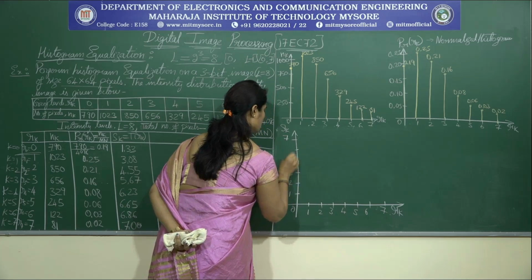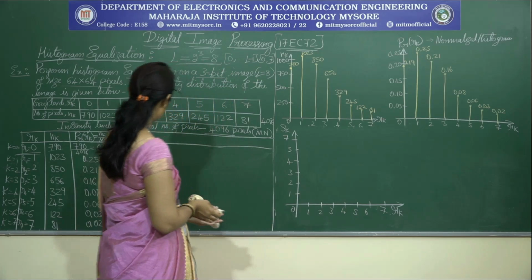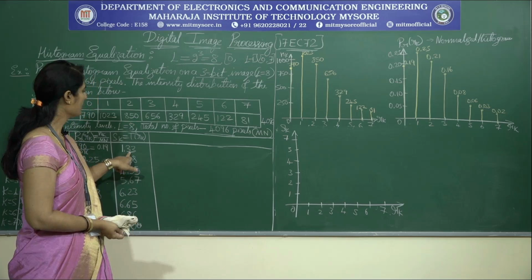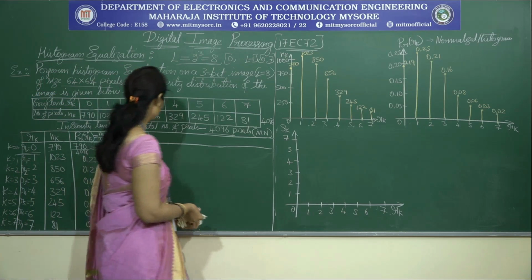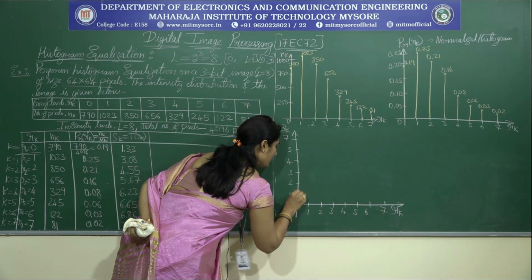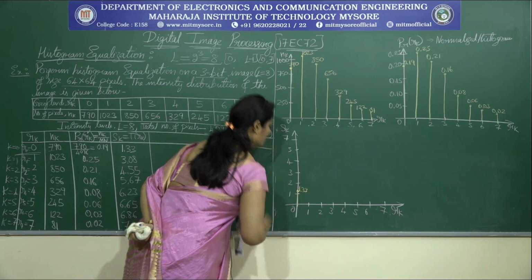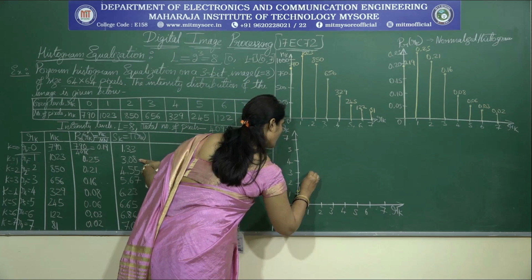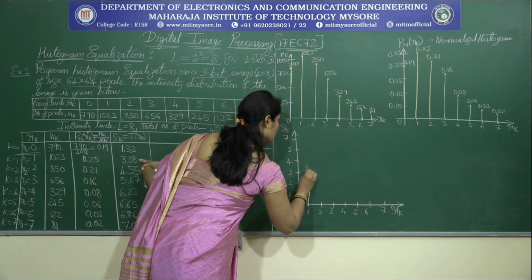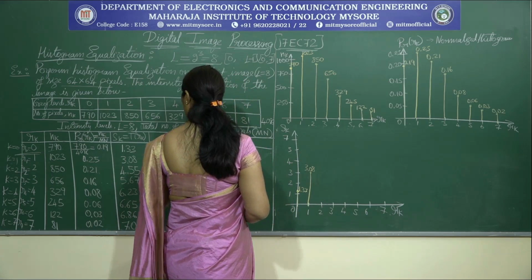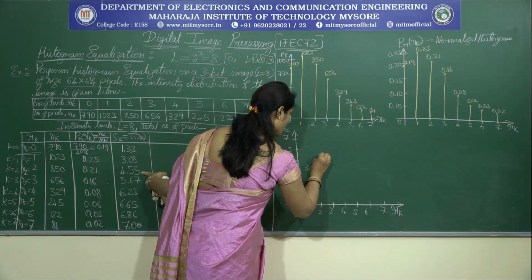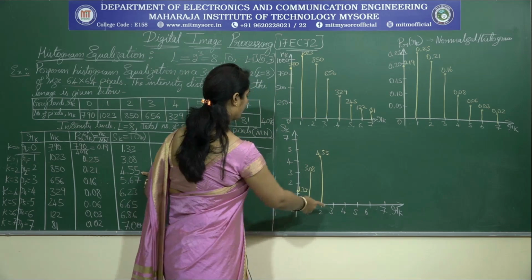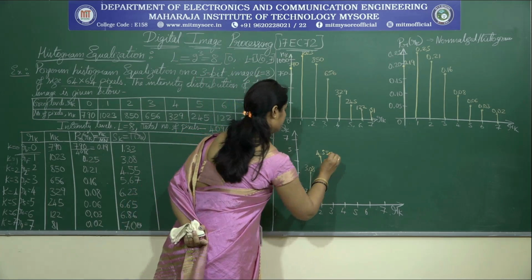So now Sk is 1.33 when Rk is 0. So this is equal to 1.33, and when Rk is 1, it is 3.08. When Rk equals 2, it is 4.55. When Rk equals 3, it is 5.67.